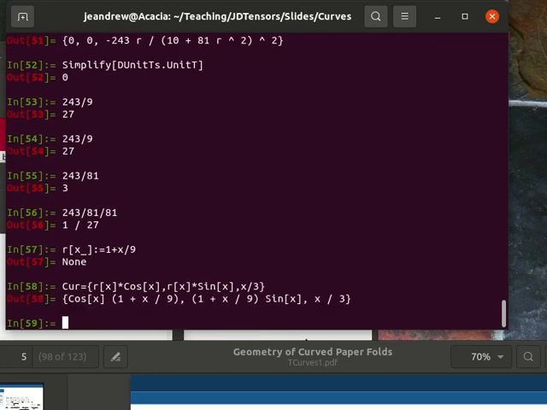So then shift enter, and there it's not a function definition, it's just something that I kept. And so whenever I type in CUR, I'm going to get this expression out. Okay, then so that's my curve.